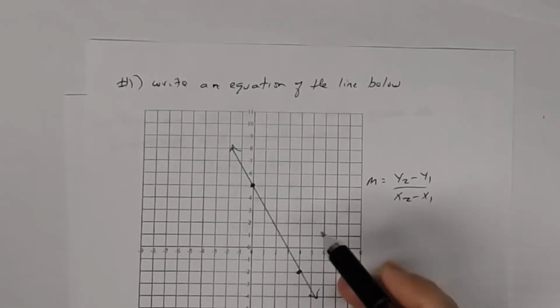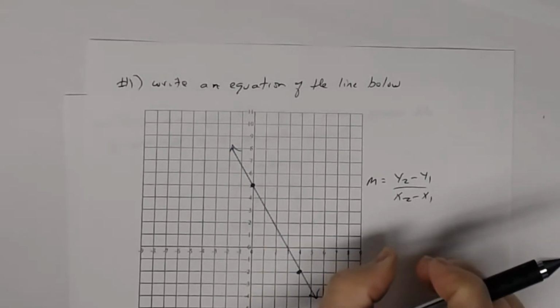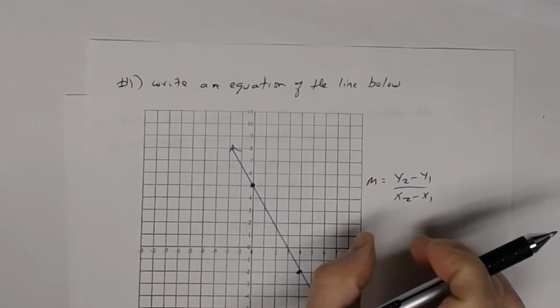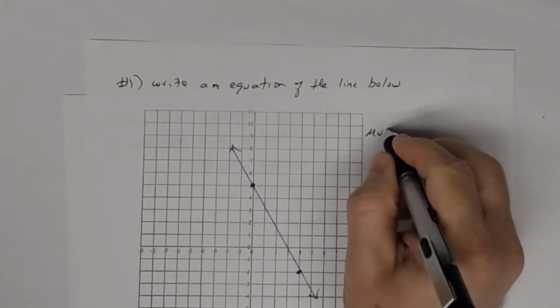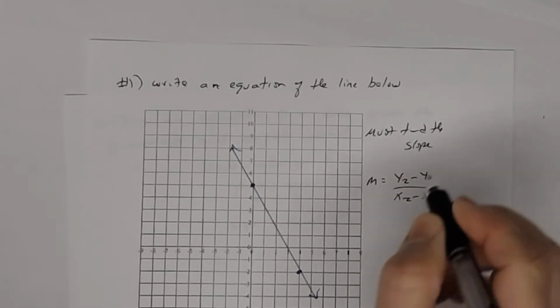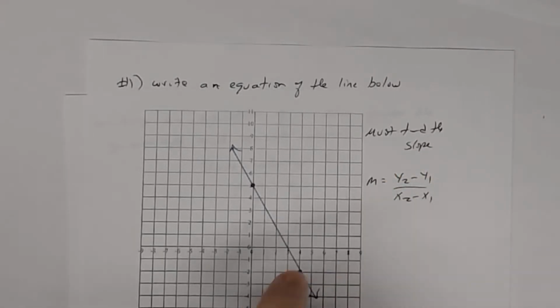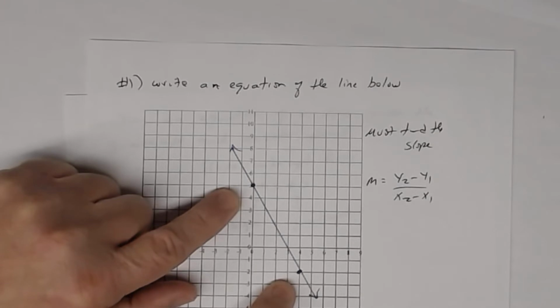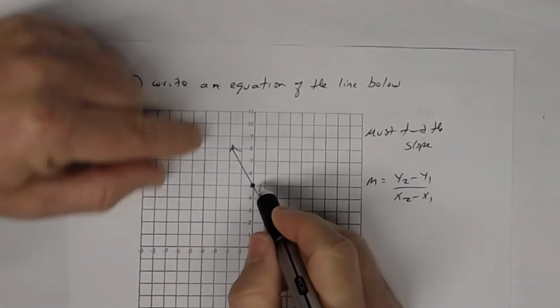So that's one approach to find the slope. Because you're given 2 points on that line, let's go ahead and label the coordinates.